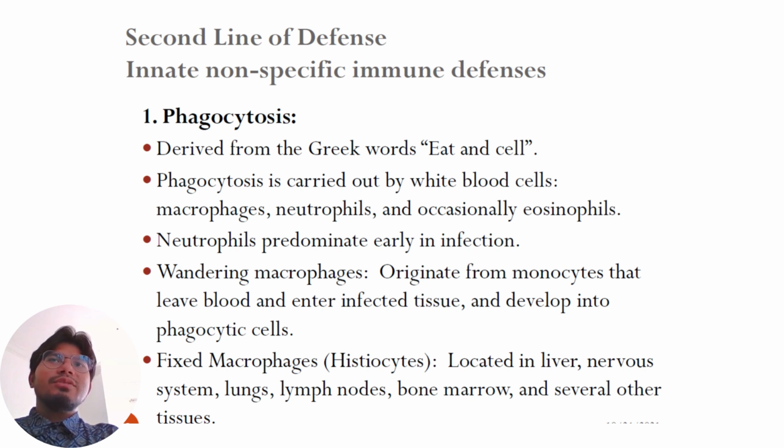In general, phagocytosis is a process whereby white blood cells, for example, neutrophils, phagocytes, okay, macrophages, will eat and digest the pathogen. Then there will be a series of processes until it produces a neutral product to be expelled from the human body.